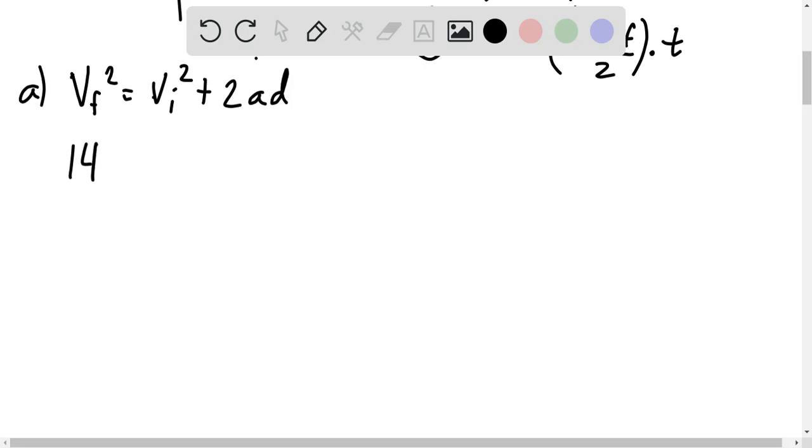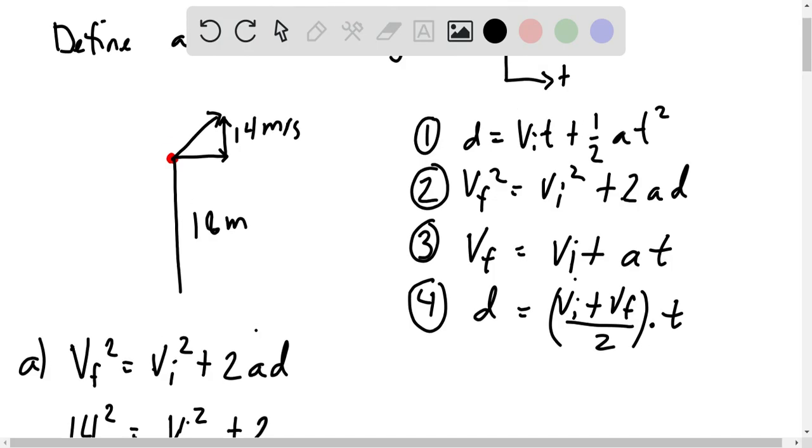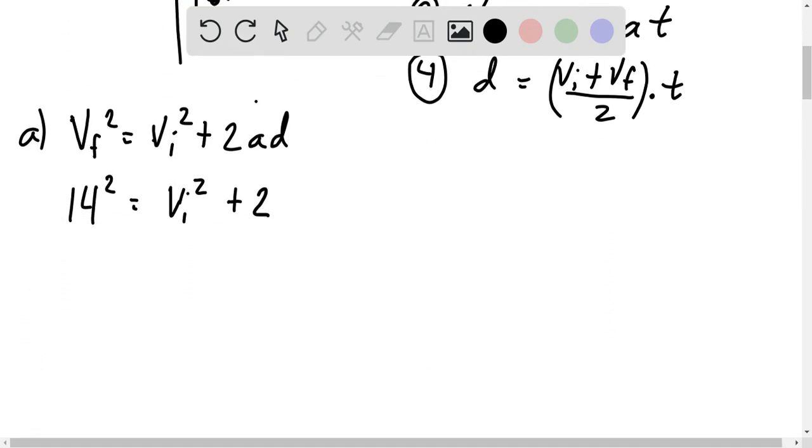And so we just plug in our numbers. 14 squared equals vi squared plus 2, and now this is the important bit, and this is why we defined a coordinate system, because the acceleration that the object is experiencing is in the downward direction. And so according to our coordinate system, that means that the acceleration we express in our equation should be a negative number. Whereas the other values that we've put, namely vf and d, are going to be positive.